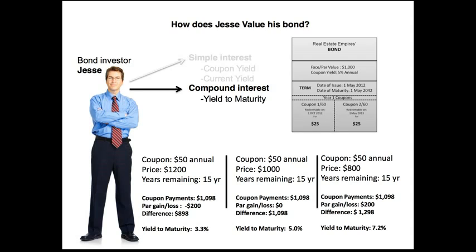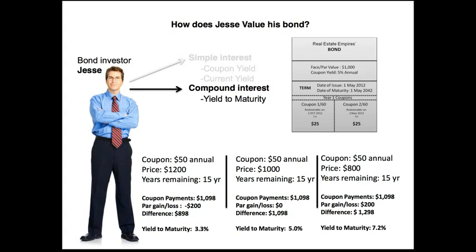So that's what the yield to maturity accounts for. Not only does it do the compound interest, but it also accounts for the difference between the price that you pay and the face value. That's why this number is really important, because it wraps all the variables together, and it gives you a real estimate of what you're going to get if you buy any bond and hold it clear to maturity. And that's how you have to look at the value of the bond.